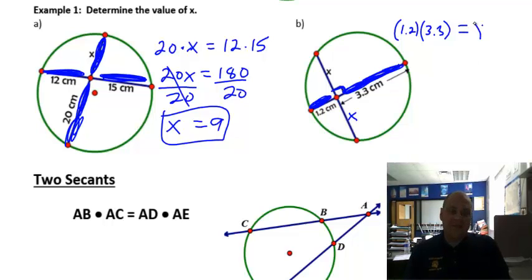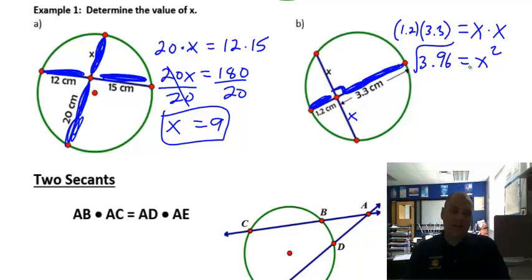So it's going to be x times x. I don't know what x is, but whatever it is, you multiply it by itself. So now I can solve this because this here multiplies out to 3.96. And then this is x squared.